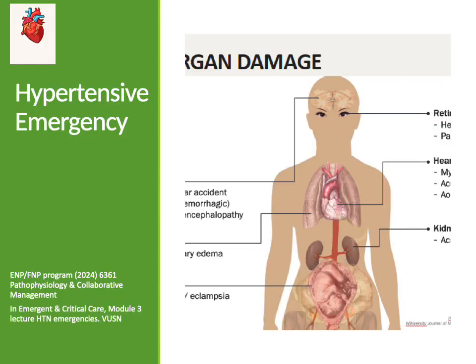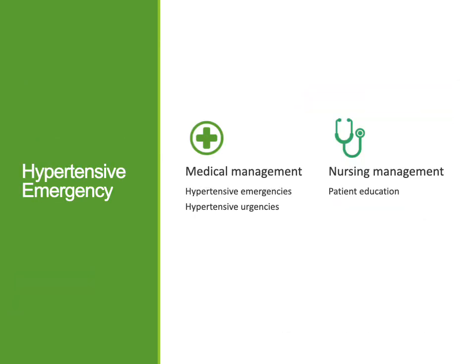So essentially, how we diagnose it as an emergency is when we see end organ damage, as you see on the chart. It looks like some of it's cut off, but we went through it already. We talked about the goals of therapy, which is to reduce that blood pressure without compromising organ function.